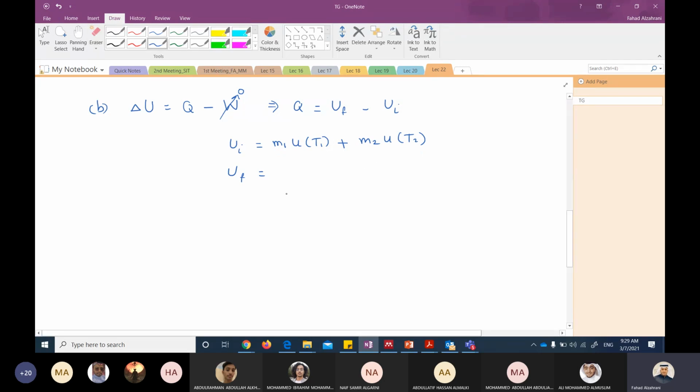It will be for the total mass at the final temperature, so M1 plus M2 times U at the final temp. Is the difference clear here in the internal energy? Any question? Because the basic equation for U is M small u. So this is how we can write this.